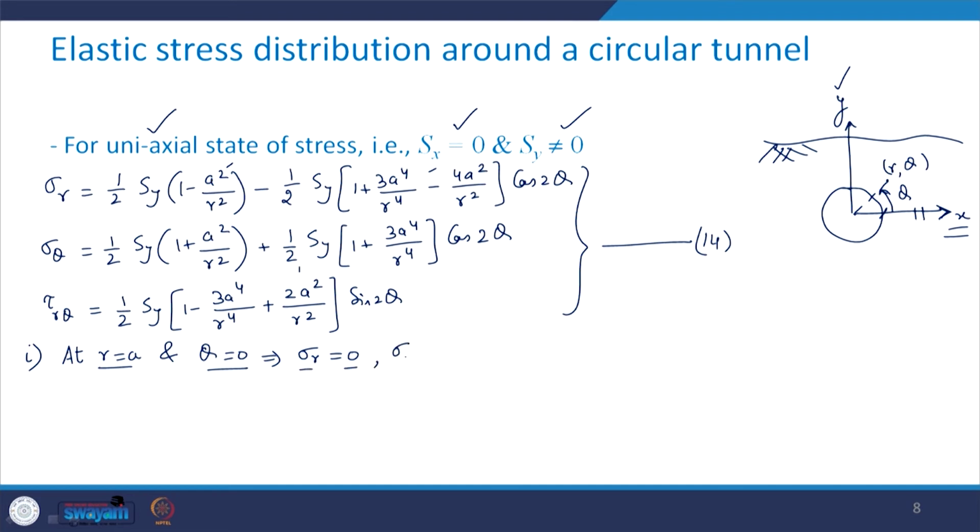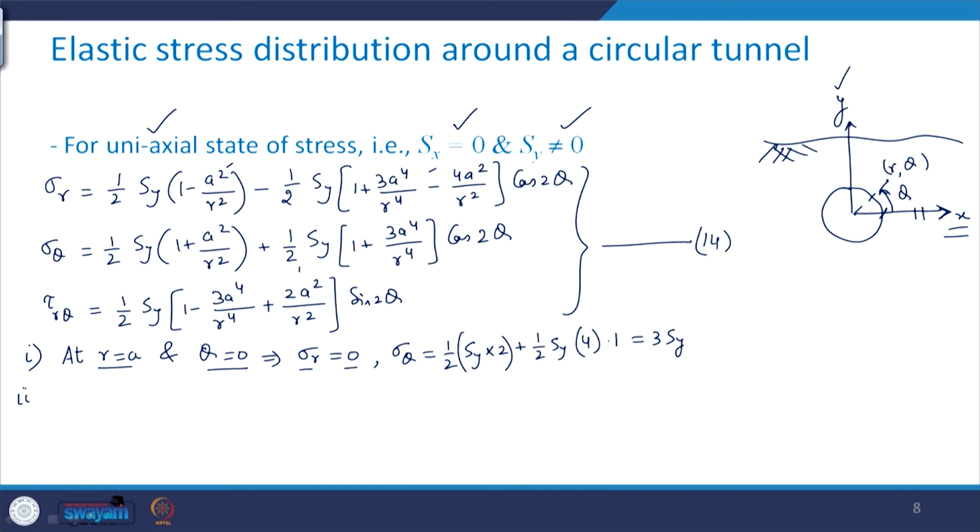Then what will happen to sigma theta? Let us see. Substitute r equal to a here. So, this is what you are going to get, half Sy into this will become 2 plus half Sy into this term will become 4, and because theta equal to 0, cos 0 is 1. So, you are going to get this as 3 Sy.